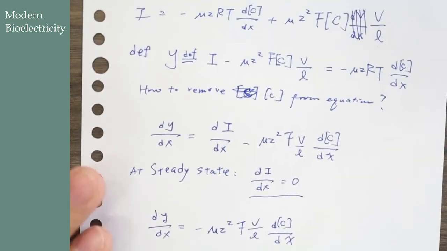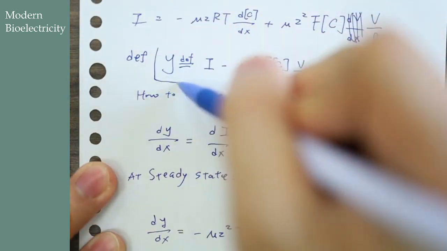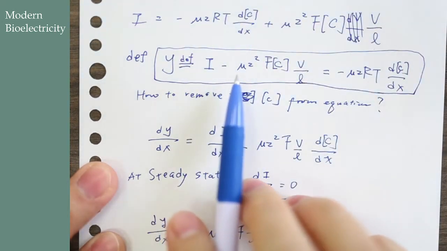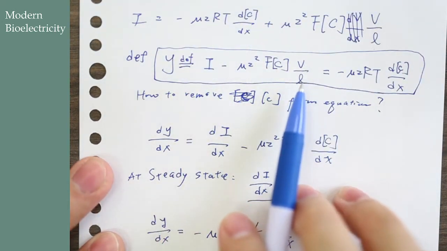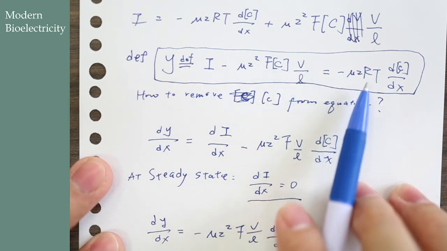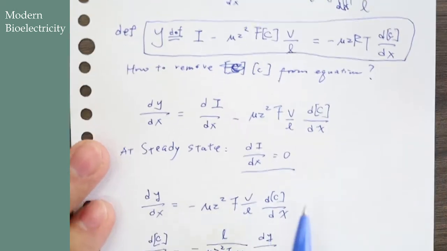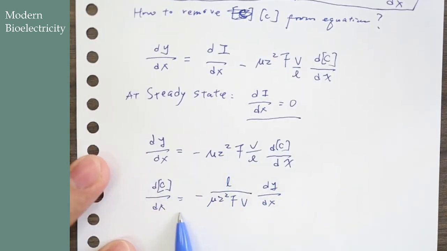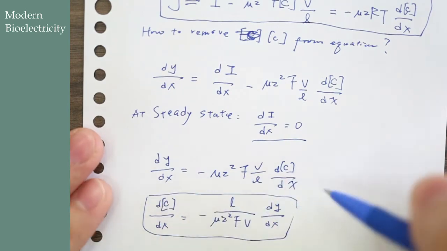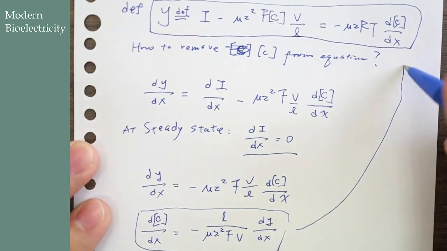So let's go back to here. We have Y equal to I minus mu Z square F C V divided by L, minus mu Z RT dc dx. Now we have dc dx right here, so we can put this back to here.